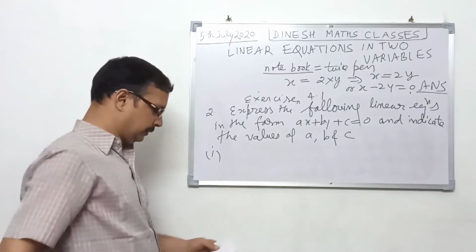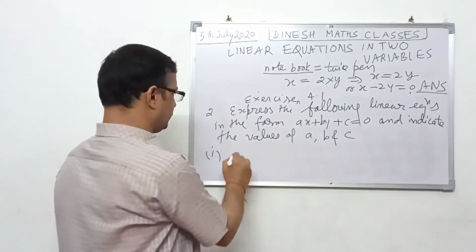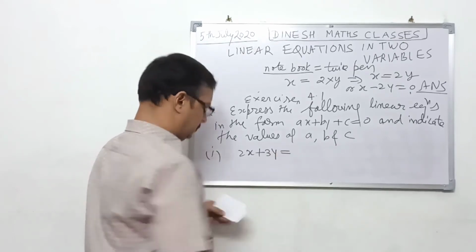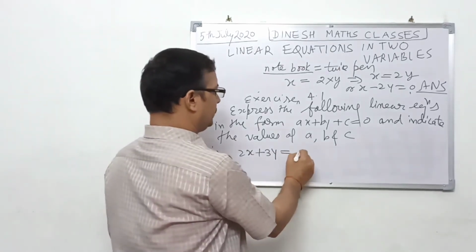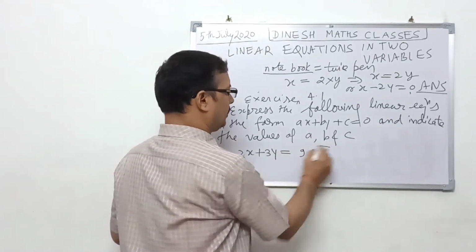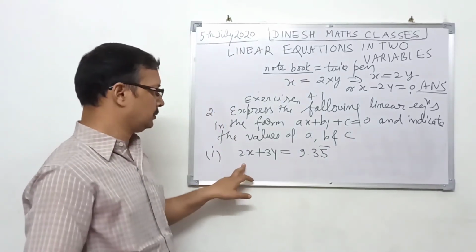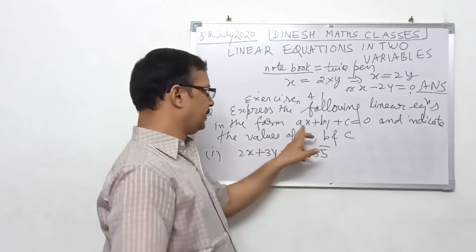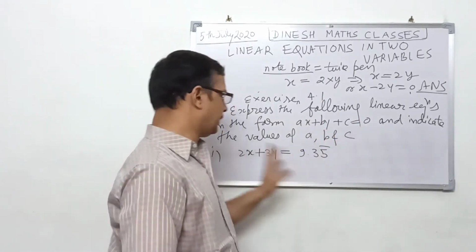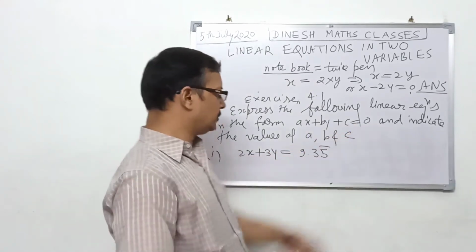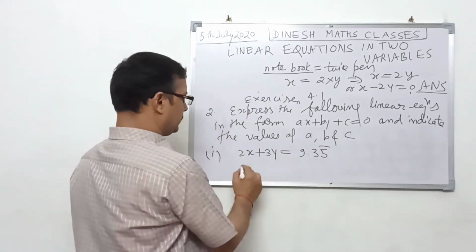The first equation given is 2x plus 3y equal to 9.35 bar. So this equation is to be represented in the form ax plus by plus c equal to 0 and then we find the values of a, b and c. Note that the right hand side is not 0 here, so transfer this to the left side.